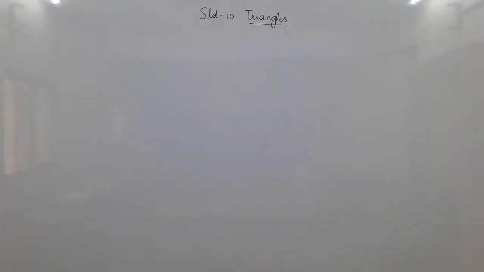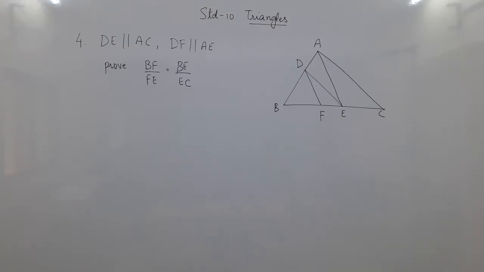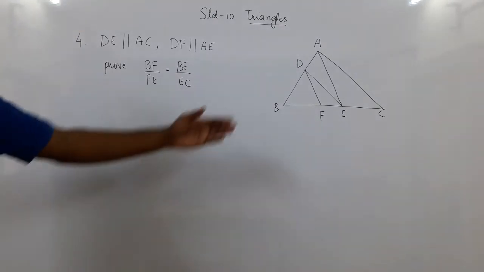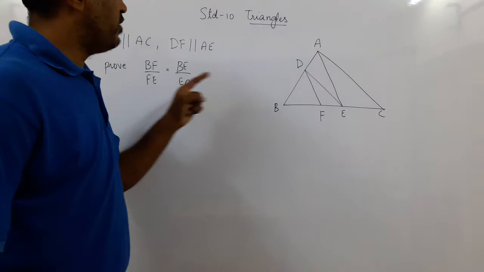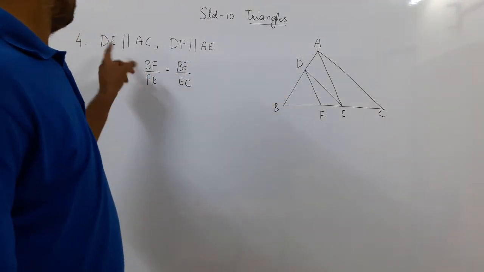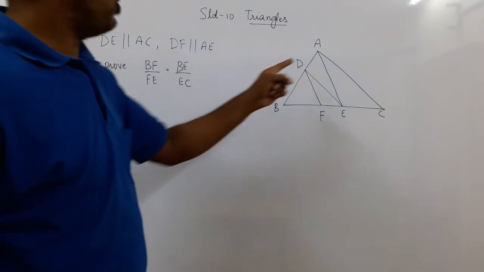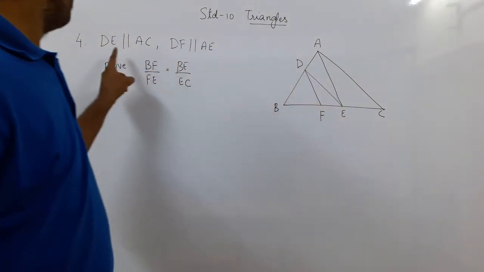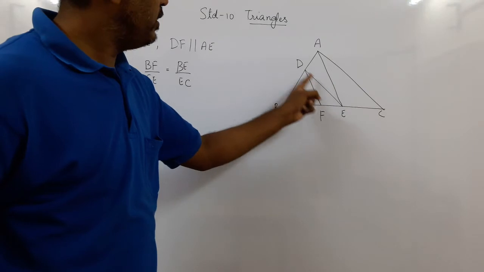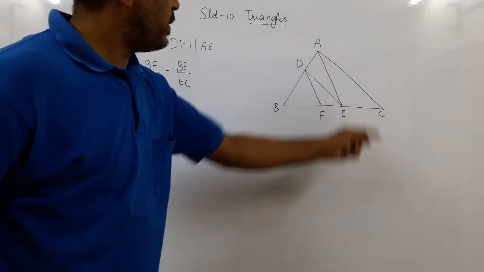We'll begin with the fourth sum from exercise 6.2. You will see the diagram and realize we are given a triangle ABC. In that triangle, this line DE is parallel to AC.